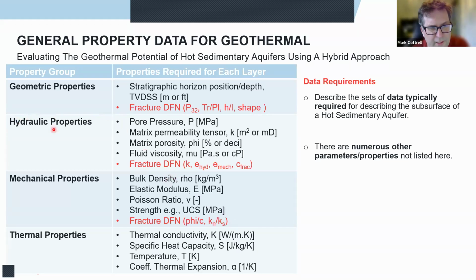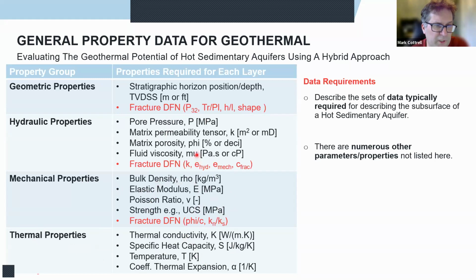So for hydraulics, matrix permeability, porosity, we also have the pore pressure state, mechanical properties, strength, stiffness, the in situ stress conditions would also be in there, and then the very last entry, the thermal properties, so temperature, thermal conductivity, specific heat.